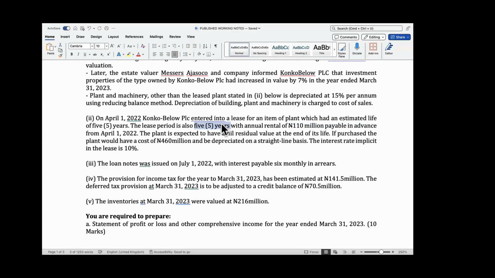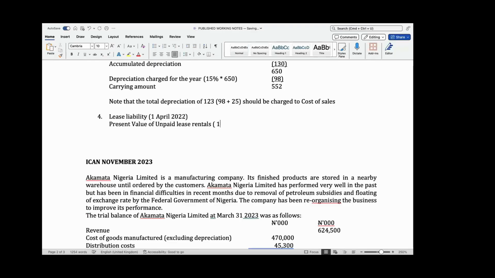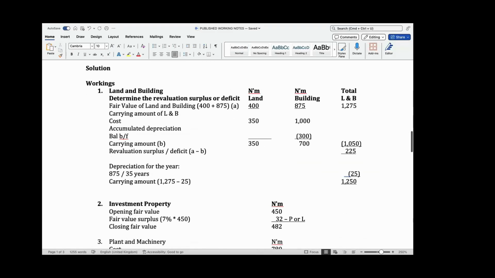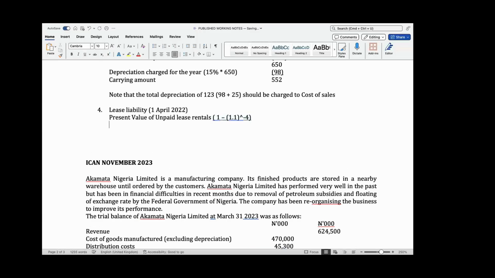I'll need to discount that to present value using the annuity formula: 1 minus 1 plus R raised to power minus 4, over R. The discount rate is 10%, so R is 0.1.